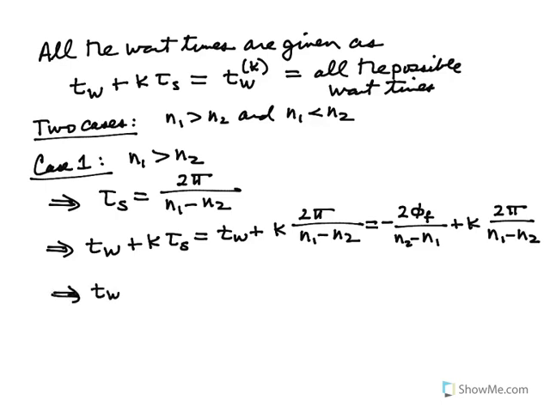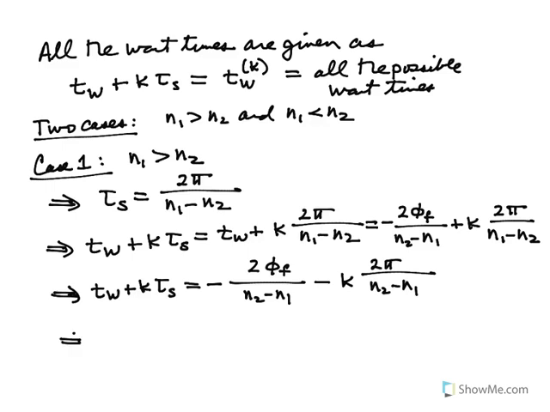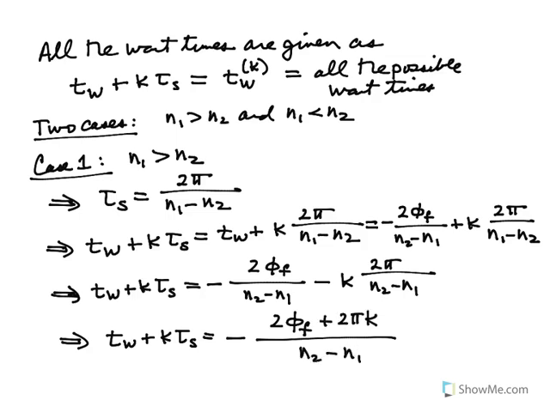which implies t sub w plus k times tau s is equal to, now if we flip the sign on this, we get minus 2 phi f all divided by n2 minus n1 minus k times 2 pi all divided by n2 minus n1, which implies that t sub w plus k times tau s is equal to minus 2 phi f plus, let's write that f nicer, plus 2 pi k all divided by n2 minus n1.